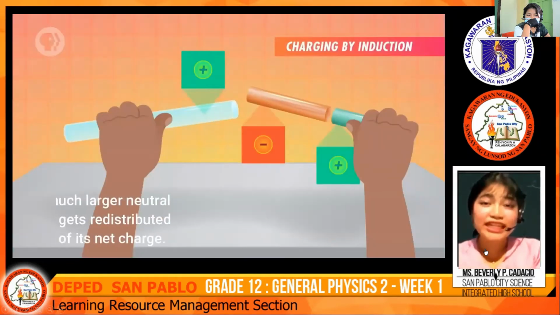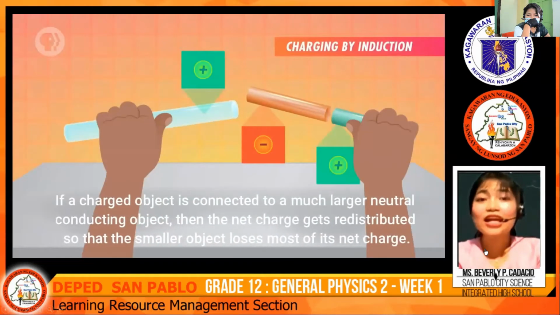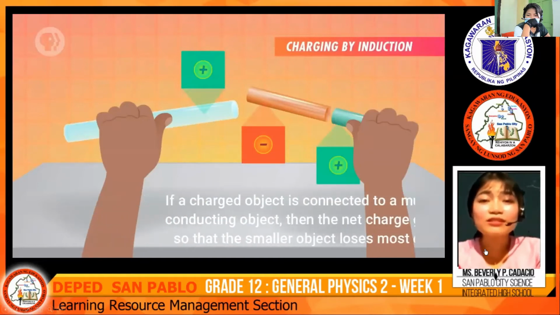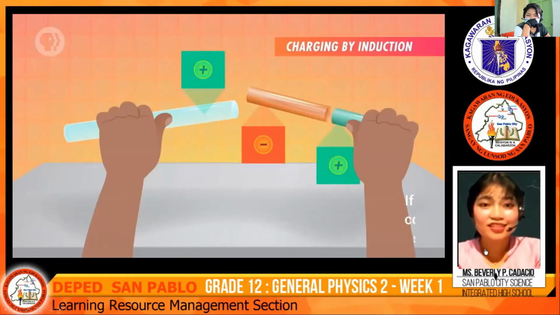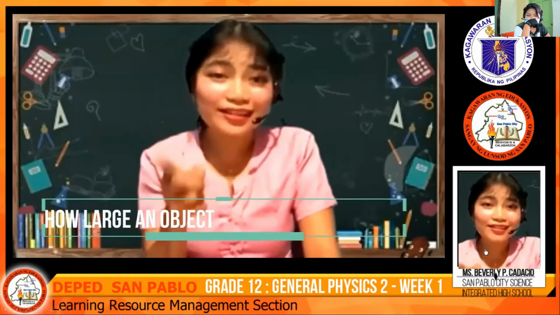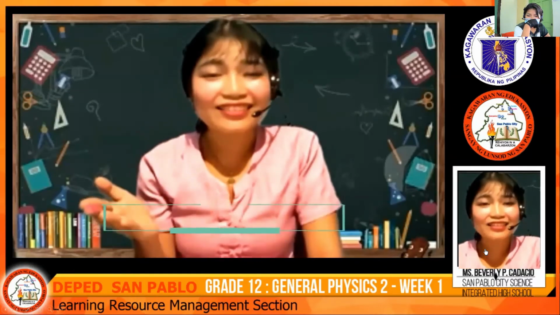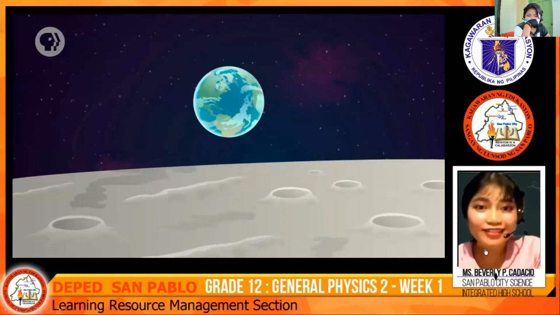Now, if a charged object is connected to a much larger neutral conducting object, then the net charge gets redistributed so that the smaller object loses most of its net charge. But the question is, how large an object are we talking about exactly, right? Well, how about the Earth?